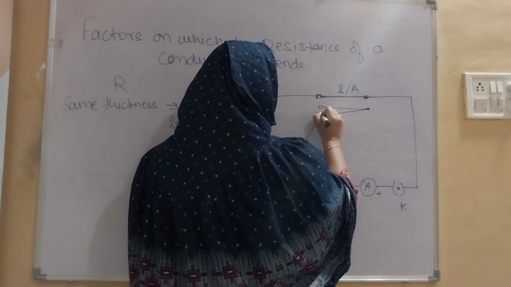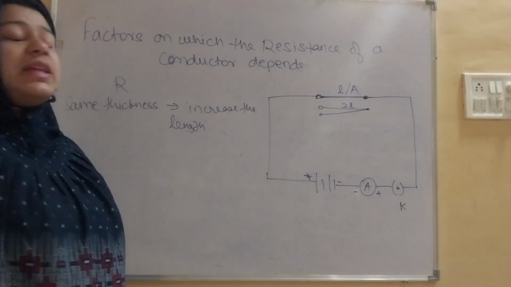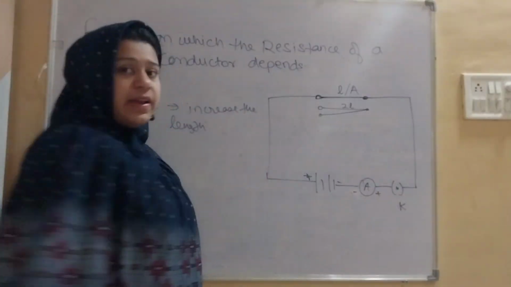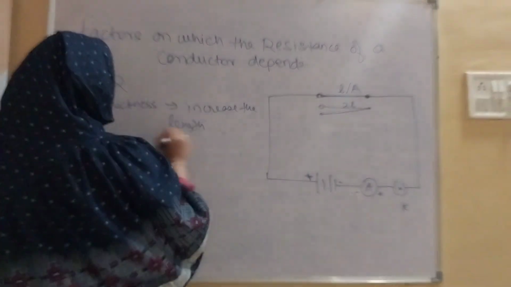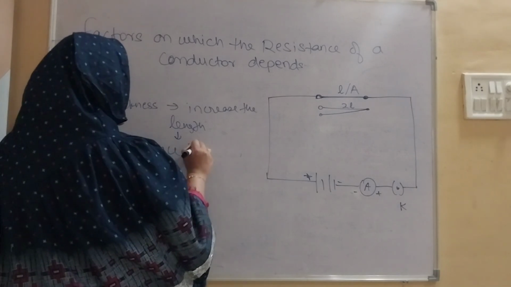Say we take double the length of the wire, 2L. When we increase the length of the wire, we note that the resistance also increases.